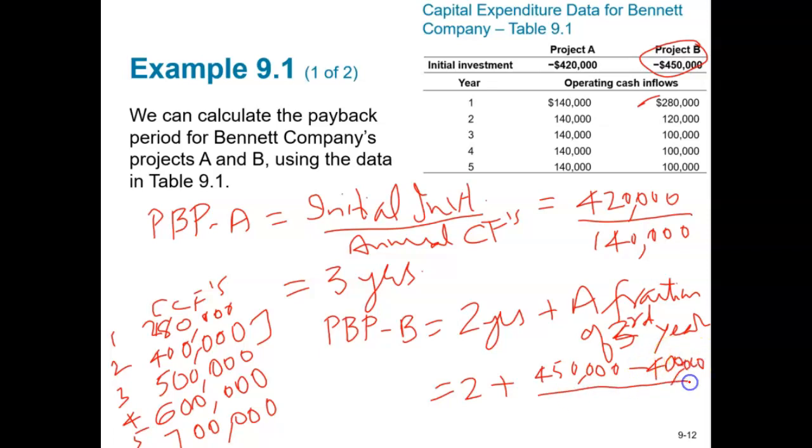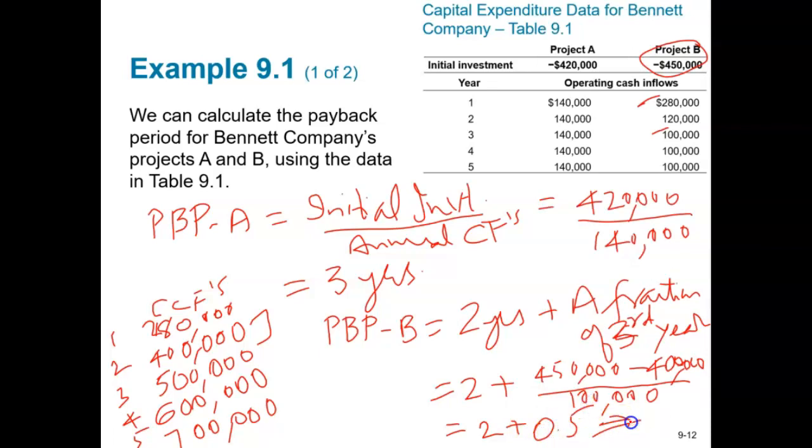Divided by how much I can receive in the third year. The third year the cash flow is 100,000. So 450 minus 400, if I solve this in the calculator, 50 by 100 becomes 0.5.